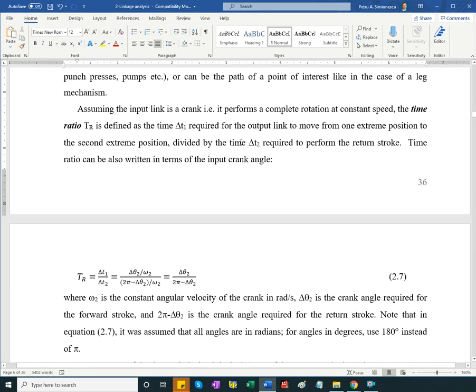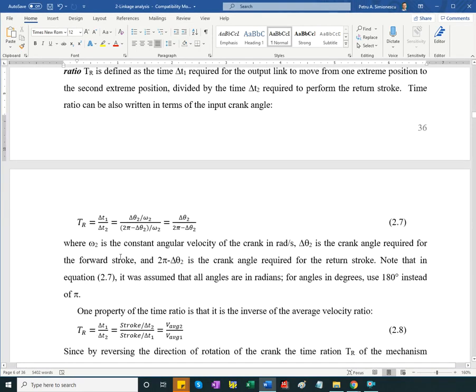For time ratio, we define time ratio as the ratio between the long time and the short time. We want time ratio greater than 1. Usually we consider the active stroke and the return stroke, the time it takes to do the active stroke and the return stroke.